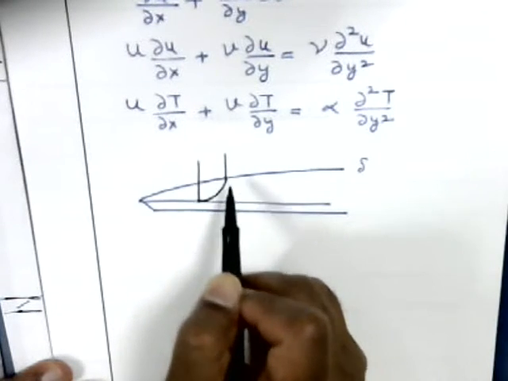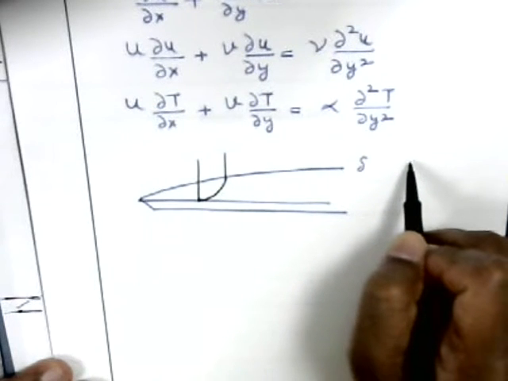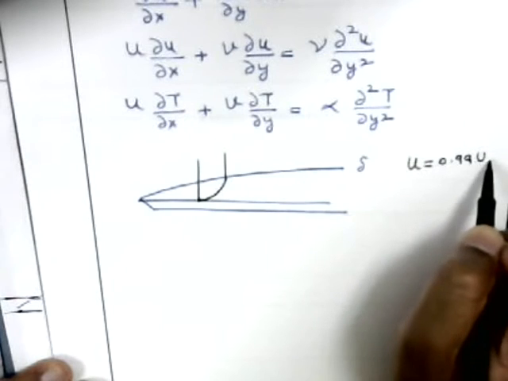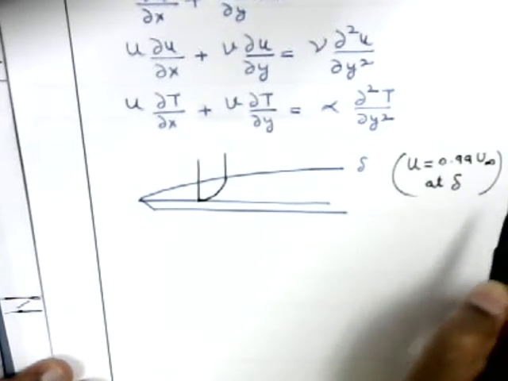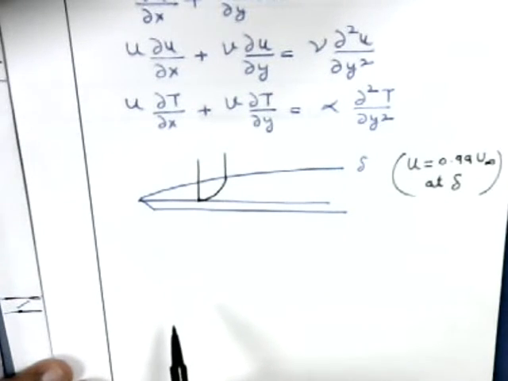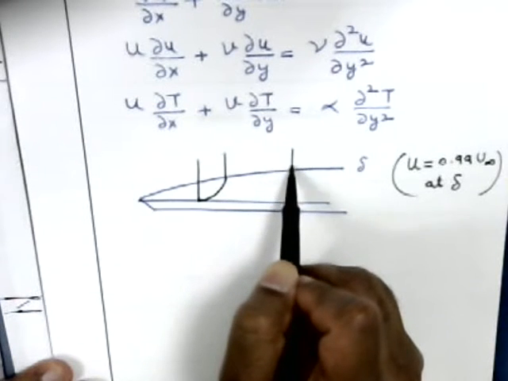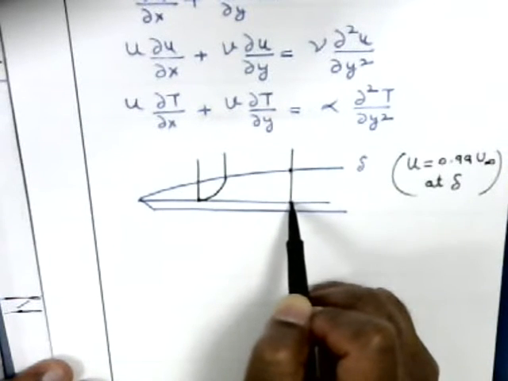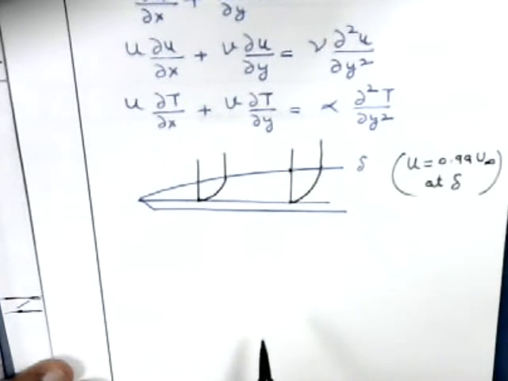Actually we take this point as 0.99, so u is 0.99 u infinity at the boundary layer thickness delta. It is not u infinity, it is 0.99 u infinity. So this is the profile. If you take any other location, you have similarity in the sense that it is 0 here, and when y becomes delta, it becomes almost u infinity.